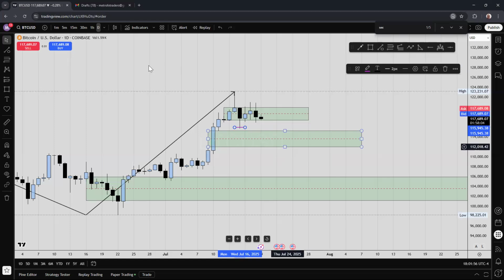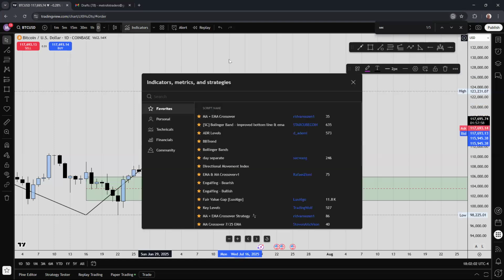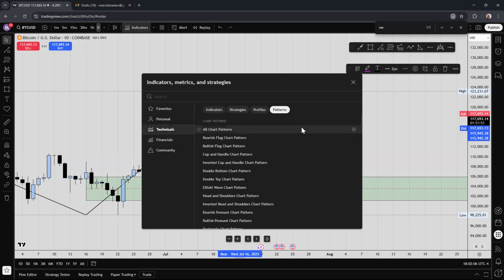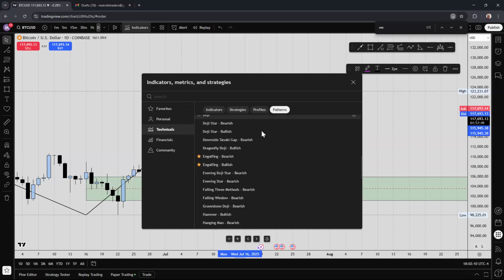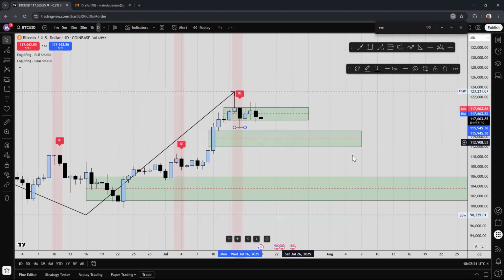If you're a paid subscriber of TradingView, there's a tool you can use under indicators, and you go directly to technicals. And in technicals, you just scroll down under patterns and click on bullish engulfing candles and also bearish engulfing candles. And what it does, it marks out on your chart where the bearish engulfing candles are.